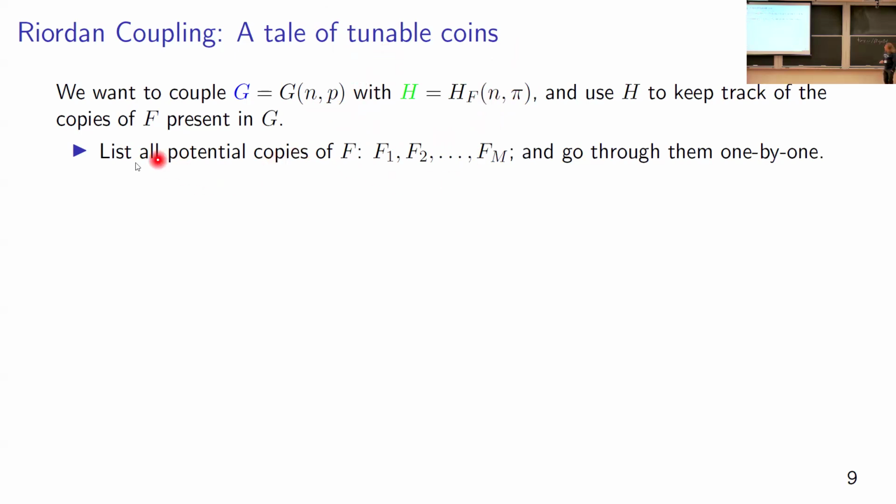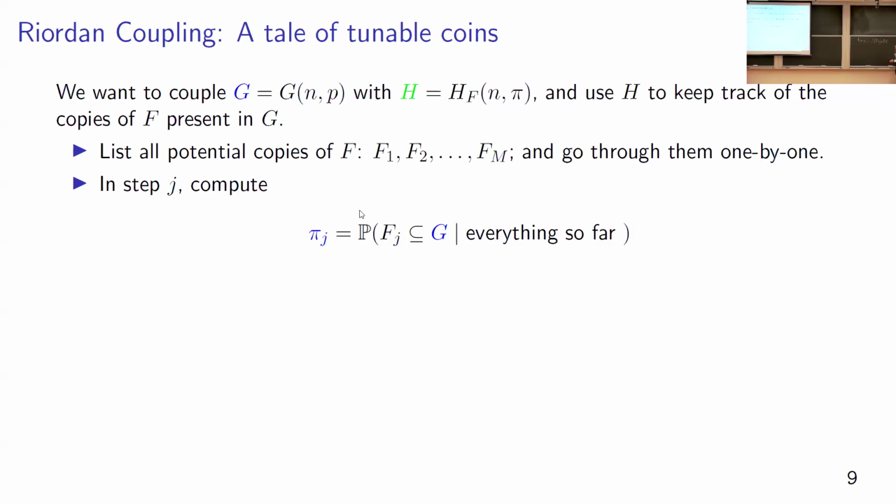And what you now do is you go through all potential copies of F, all of them, one by one. And sometimes you'll decide to include this in G, and then you keep track of it in H. So you compute this conditional probability about whether you should see this copy in G.